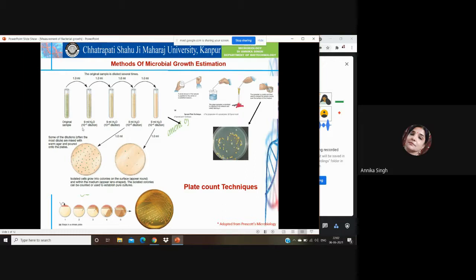So this is considered as 10 to the power minus 1 dilution.